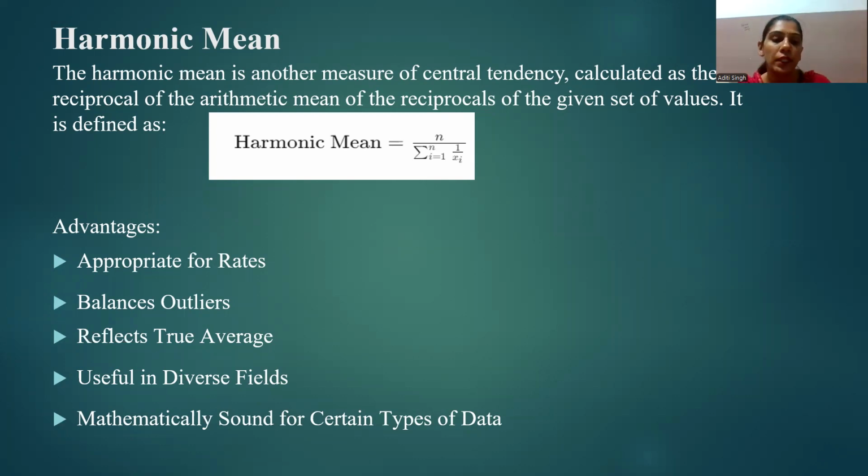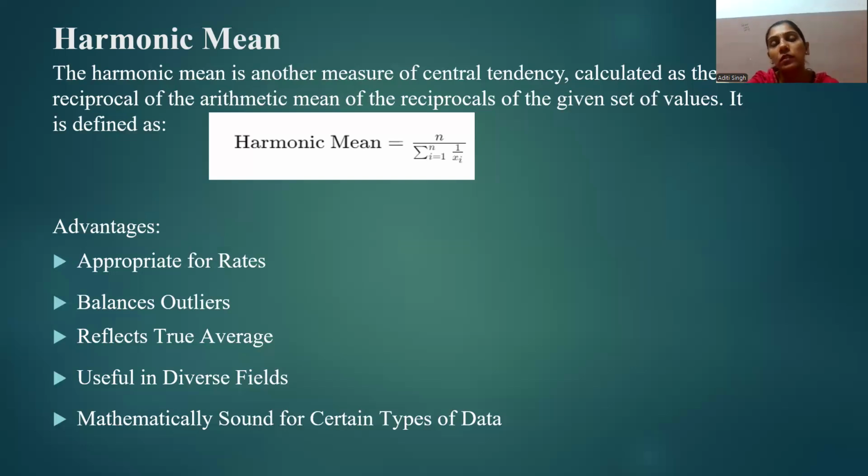Now, next is mathematically sound for certain types of data. So for data sets whose values are fractions or rates, the harmonic mean provides a mathematically sound average for those types of data. For calculating the average price per unit in a bulk purchase scenario where quantities vary from one price to a different price, the harmonic mean is very useful for calculating the average.